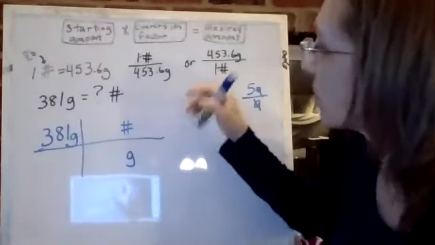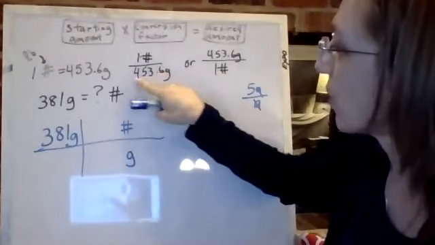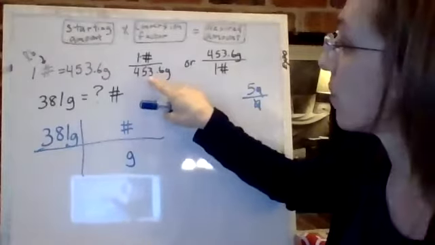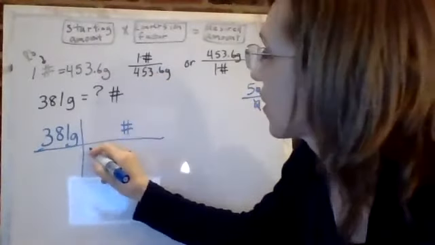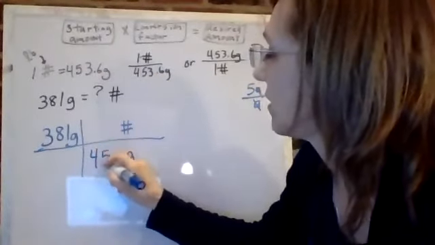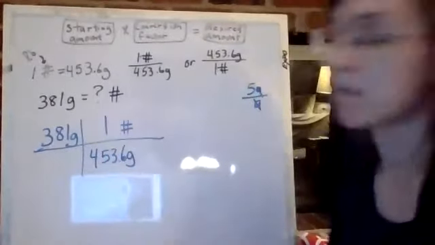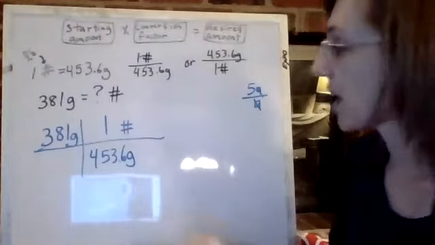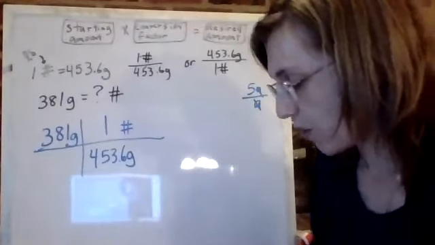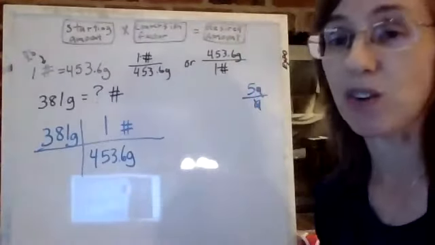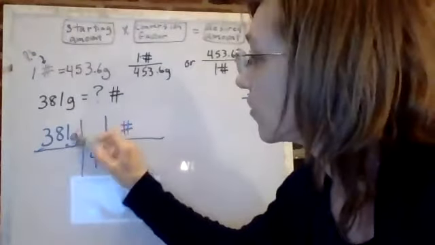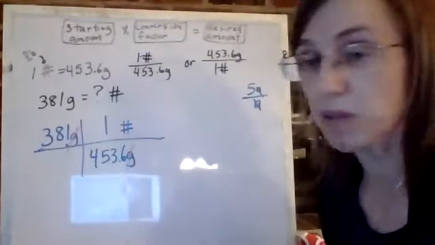And that's what we're going to end up with in our answer. So then we have to figure out which conversion factor do we use. Well, it's this one right here, the one with the grams in the bottom. So we're going to put that conversion factor in with grams on the bottom and pounds on top. Now when you go to look at these, we first are going to cancel out units. Grams on the top cancels out with grams on the bottom.